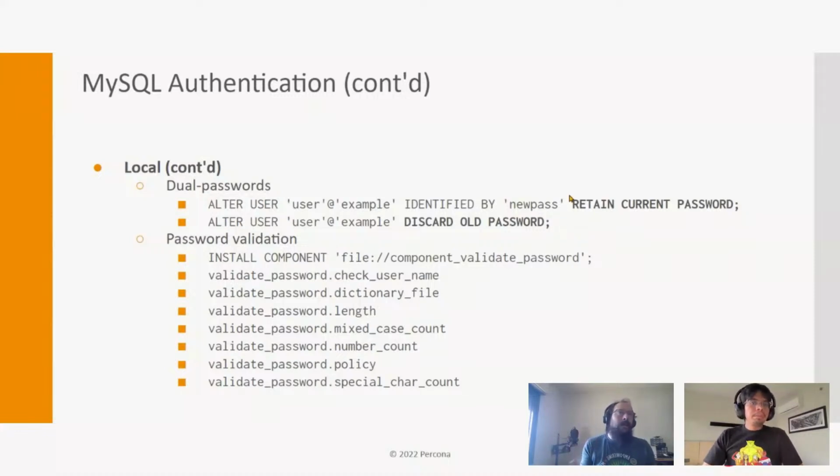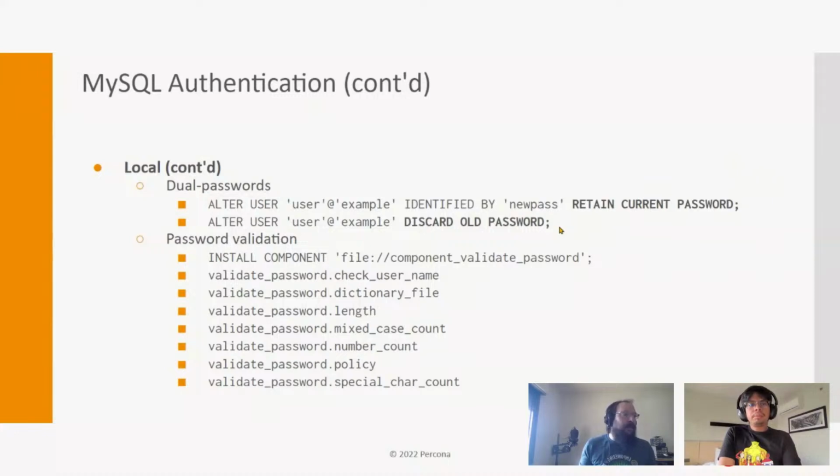And when I am done updating all my application servers with the new password, I can go to the database again and do DISCARD OLD PASSWORD. And now, I was able to rotate my password with zero downtime and zero impact to the application. This is such a simple feature, but it's so important.